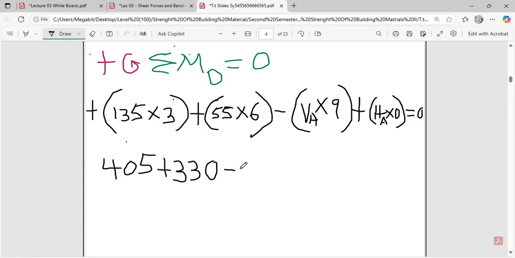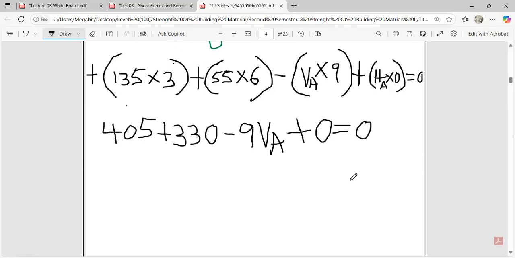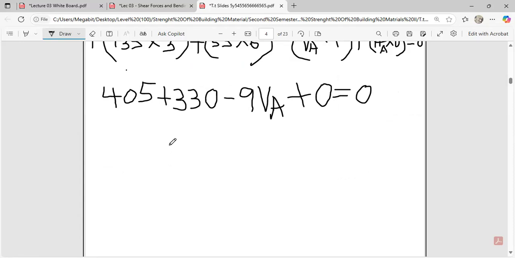Then you bring a negative sign: minus 9 VA, plus 0, equals 405 plus 330, which is 735, minus 9 VA, is equal to 0.